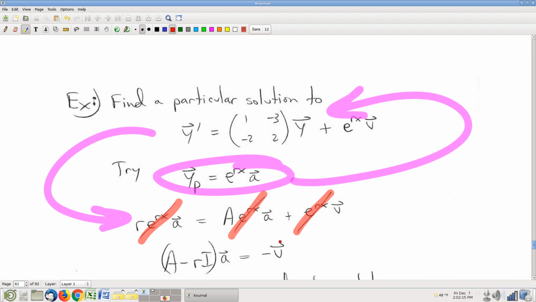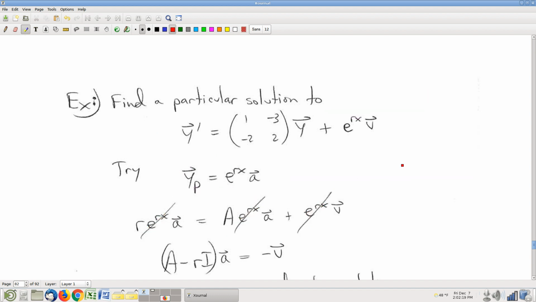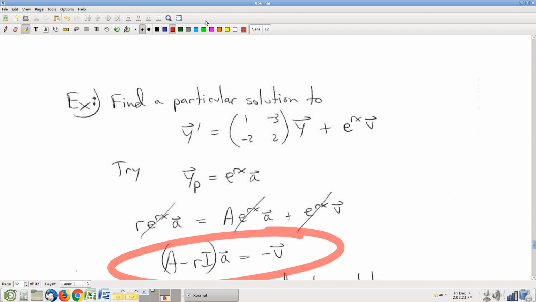Make sure that you can get down to this. And it all comes down to this equation. So whatever your right-hand side, whatever that constant vector is, that's going to tell you your right-hand side in an equation in which you hope to be able to solve for A.